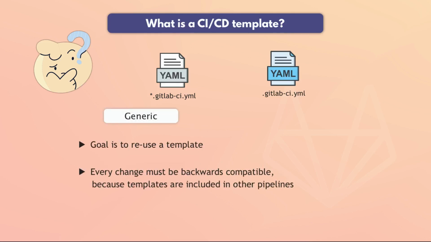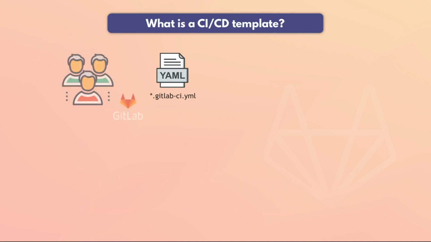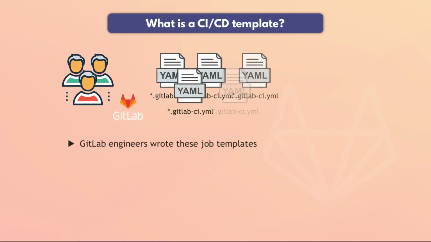And as the name suggests, you can pass parameters to the template jobs to customize their behavior to your own needs. So basically, GitLab engineers wrote a bunch of job templates for different languages and technologies, and you can reuse them without writing your own job configuration.